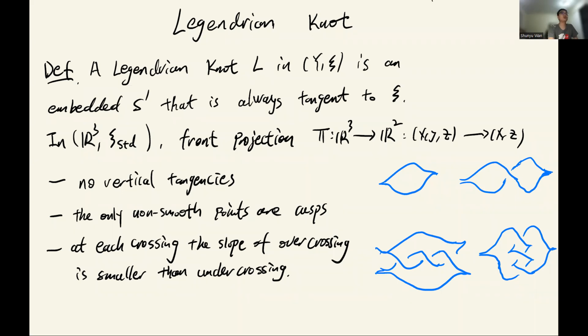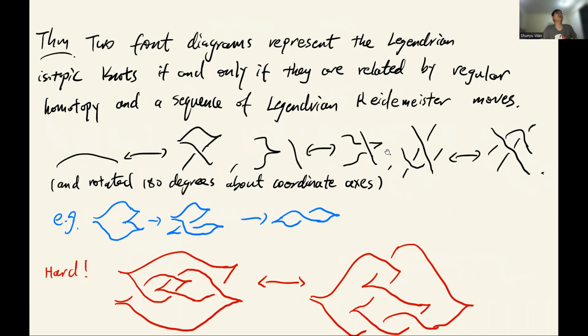Okay, so similar to the smooth case, there are Reidemeister moves for Legendrian knots. Two front diagrams represent Legendrian isotopic knots if and only if they are related by a regular homotopy, that is, a homotopy that does not involve crossings, and a sequence of Legendrian Reidemeister moves. These are the three Legendrian Reidemeister moves, and you need more, like the ones rotated 180 degrees about the coordinate axes.